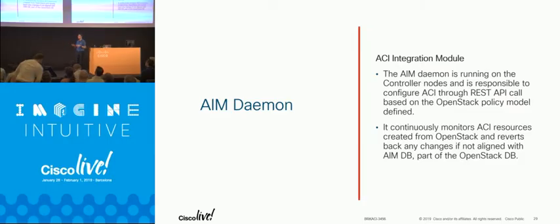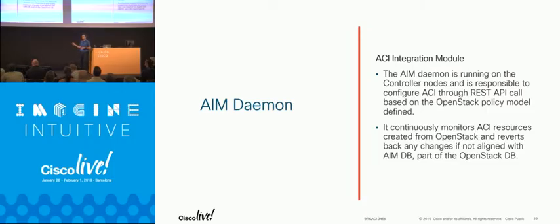Then it puts those policies into the AIM database. The AIM database is an extension of the Neutron database. And it pushes RESTful API calls to the APIC controller.